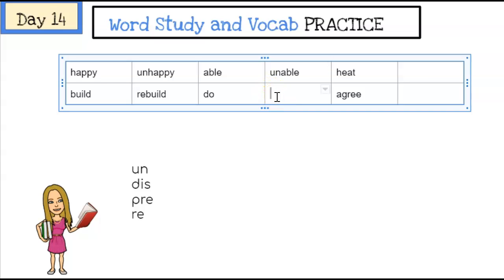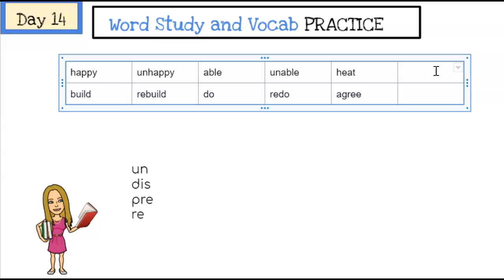What if we as teachers send back an assignment and ask you to do the assignment again? What would we be asking you to do? We would be asking you to redo your assignment. What if I wanted to heat the oven?